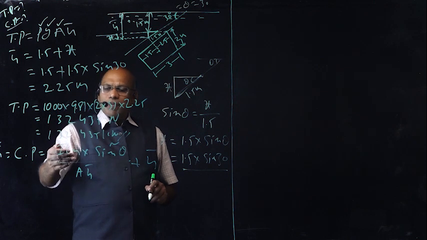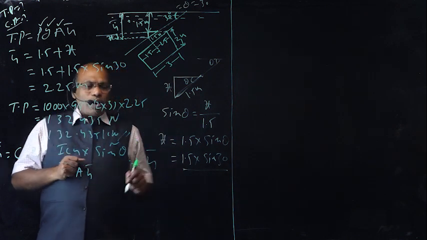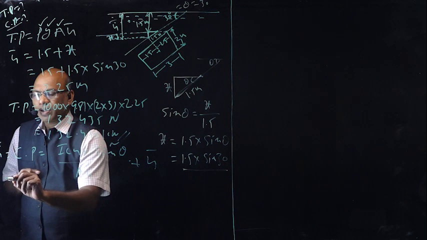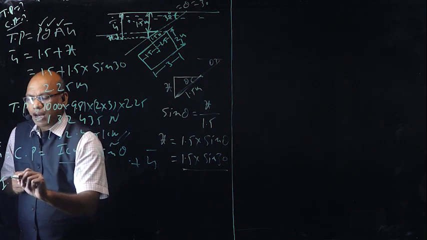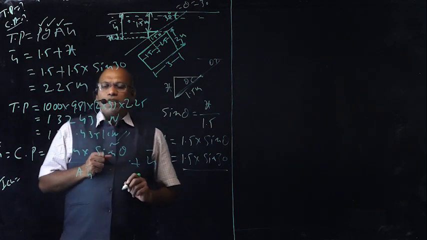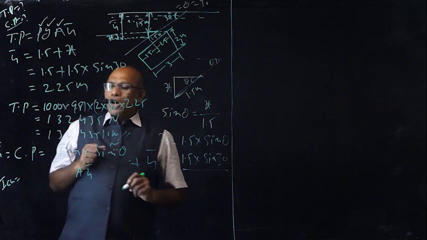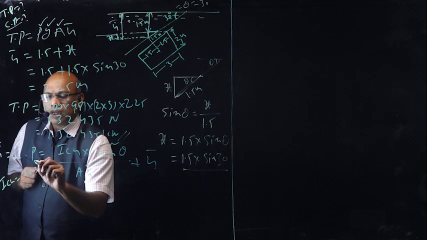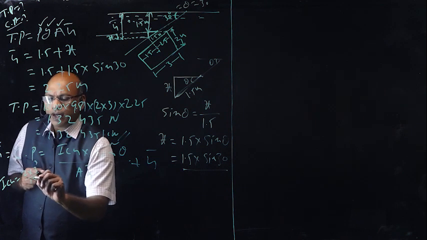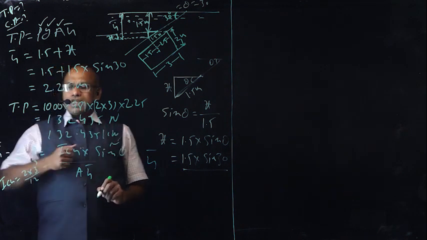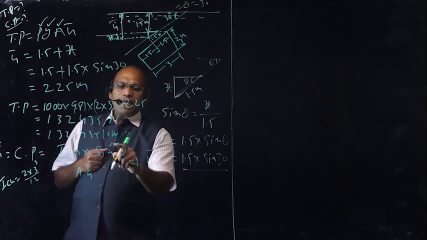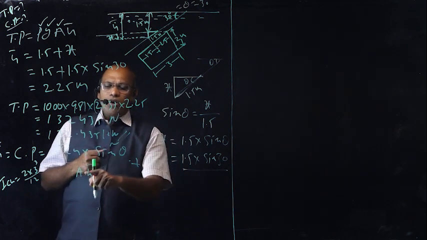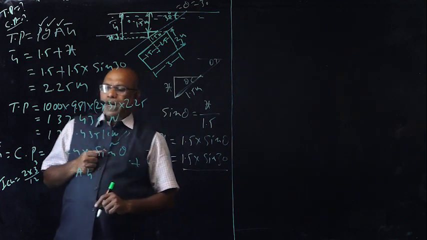First we are going to determine I_CG. What is the I_CG value? I_CG is the moment of inertia about the centroid, that is equal to b d cube by 12, that is 2 into 3 cube by 12. Theta value is known to us, area known to us, h bar is also known to us.